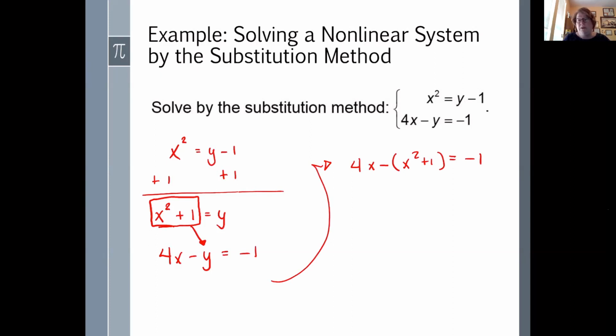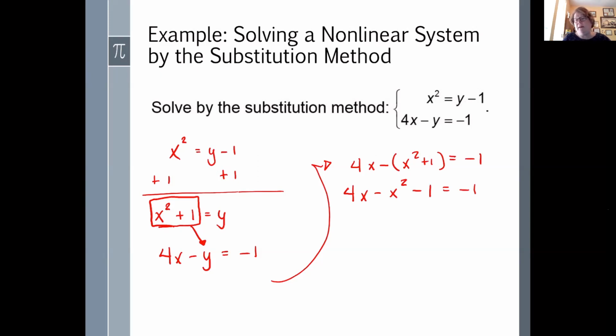Now I need to distribute that negative across everything on the inside of the parentheses. When I distribute a negative 1 across, I change the sign of everything on the inside of the parentheses. So I get 4x minus x squared minus 1 equals negative 1.